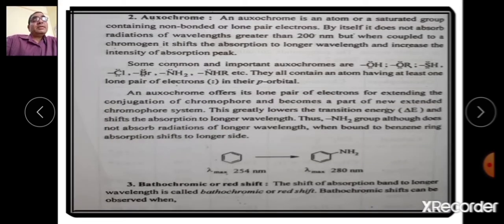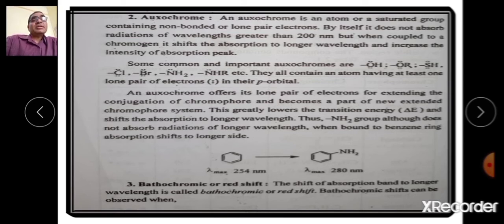Now, the second term in this is auxochrome. First one was chromophores. These are auxochromes. They do not absorb any radiation by themselves. An auxochrome is an atom or saturated group containing non-bonded or lone pair electrons.